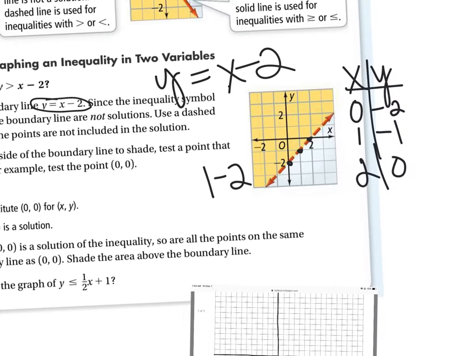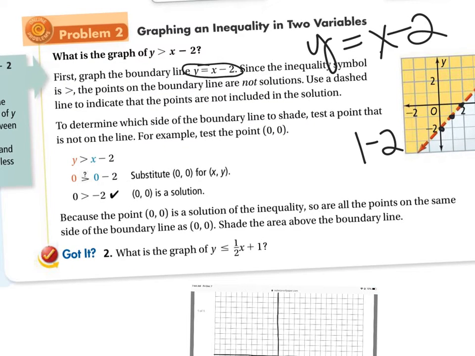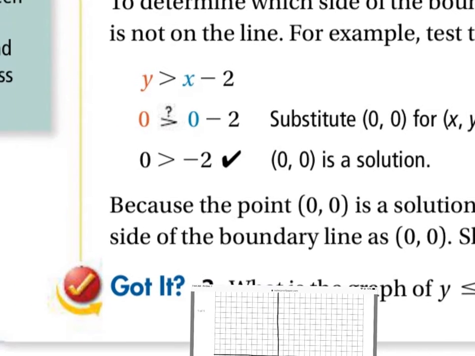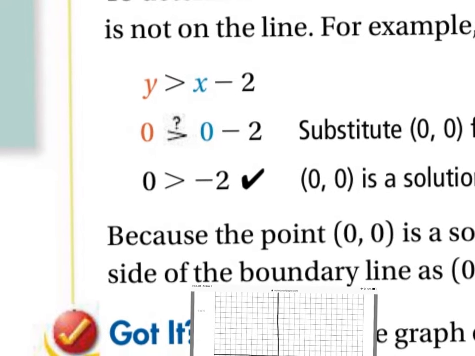Okay? And then what we need to do is test a point on one side or the other, because either all the points above the line work or all the points below the line work. We just need to figure out which side of the line our solutions are going to be on. So 0, 0 is a nice point to test. 0 is kind of nice to work with. So they put 0 in for x, 0 in for y to see if this works or not.